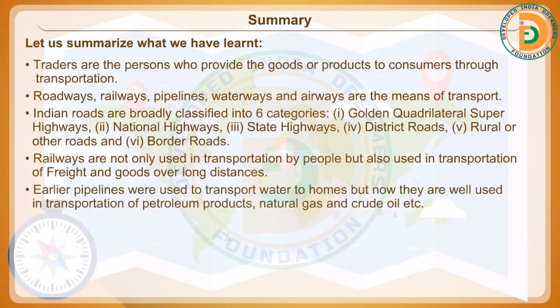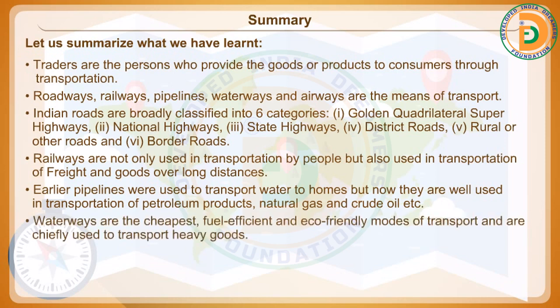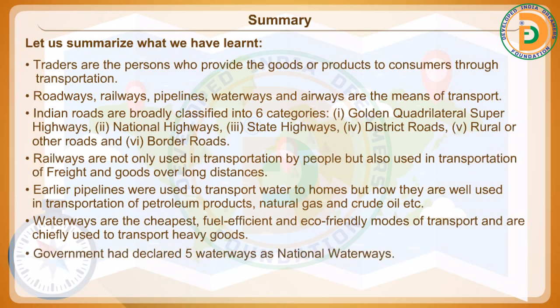Earlier pipelines were used to transport water to homes, but now they are well used in transportation of petroleum products, natural gas and crude oil, etc. Waterways are the cheapest, fuel-efficient and eco-friendly modes of transport, chiefly used to transport heavy goods. Government has declared 5 waterways as national waterways.